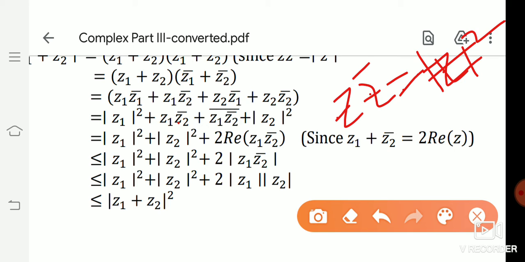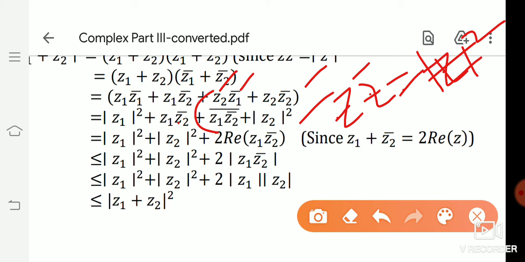Then we can write z2 bar whole bar, and if I write z2 bar whole bar, I automatically get z2, and z1 bar is there. Similarly, z2 dot z2 bar will be taken as mod z2 whole square.